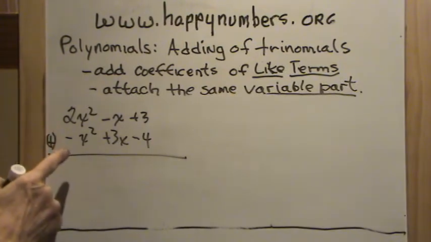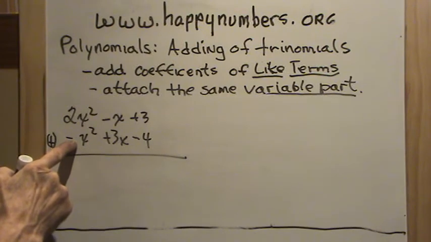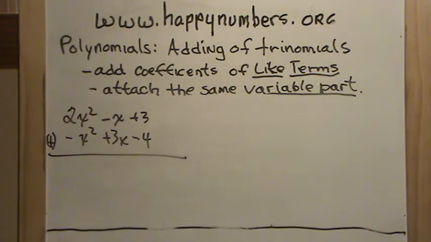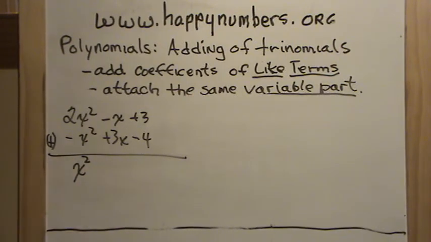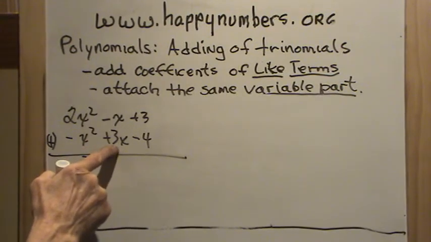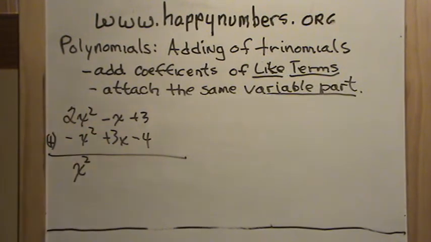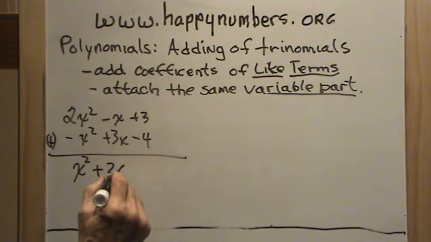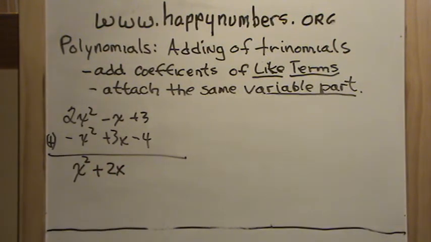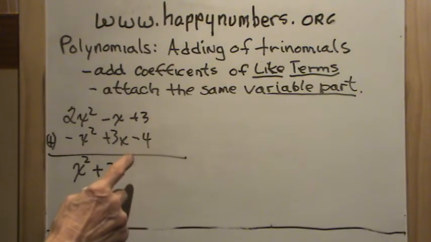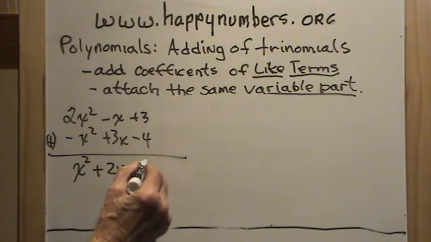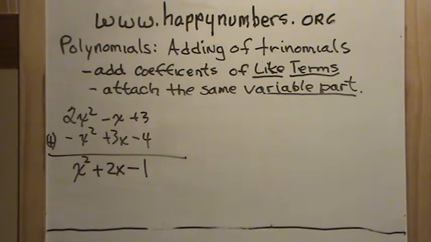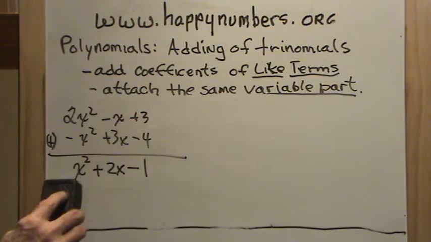Coefficient here is 2, coefficient here is negative 1. Well, 2 plus a negative 1 would give me 1, so it would be x squared. I don't have to write the 1. Coefficient here is positive 3, coefficient here is negative 1. Positive 3 and negative 1 would give me a positive 2x. And here our coefficients are negative 4, positive 3, which would give me negative 1. Well, that's all that's to it.